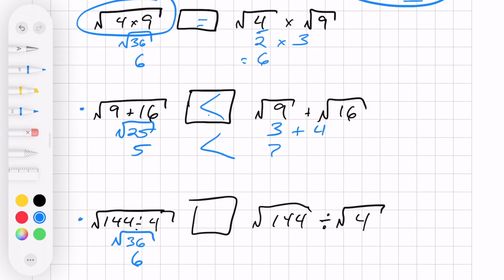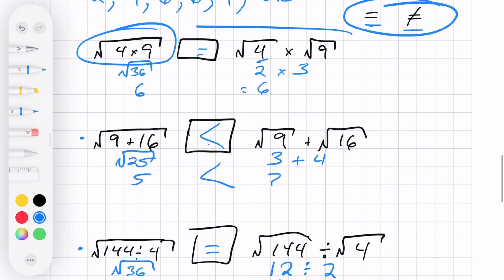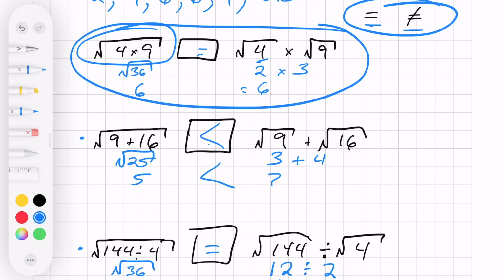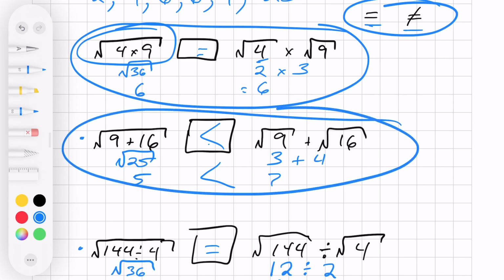So I know 144, the square root of that is 12. And so if you know your times tables, your multiplication tables, and your division tables, this will be way easier for you as well. So the square root of 4 is 2, and then 12 divided by 2 is 6. So this is equal. So notice that if I split these for the multiplication, it doesn't make as big a difference as it does with the addition.